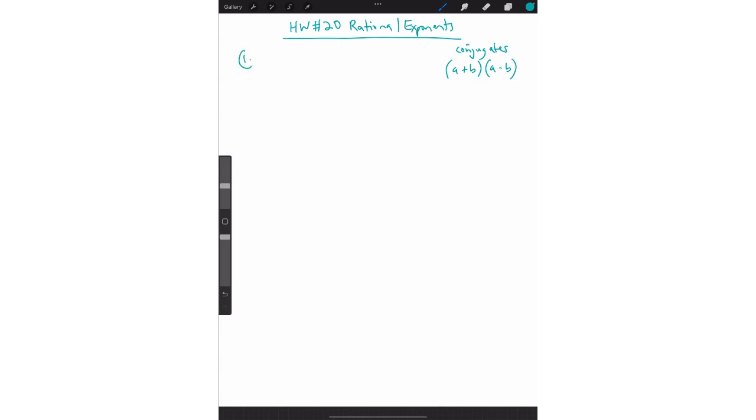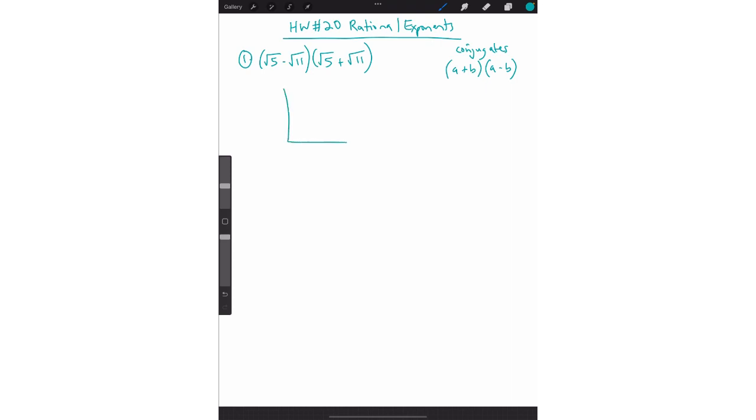So for number 1, I have the quantity of square root of 5 minus the square root of 11 times the quantity of the square root of 5 plus the square root of 11. All right, now this is a binomial, and we can multiply binomials together via the box method.